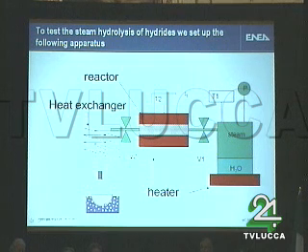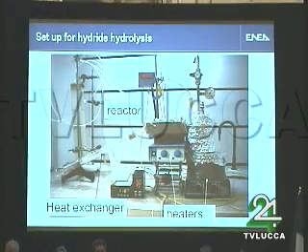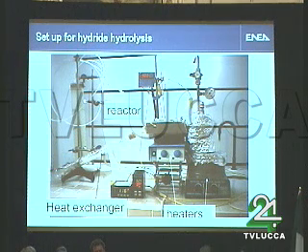The hydrogen and the water vapor arrive at a heat exchanger, where water is condensed and hydrogen is measured by water displacement. This is a picture of the setup for hydrolysis. We checked different temperatures. The temperature of the reactor and the steam generator can be set independently.